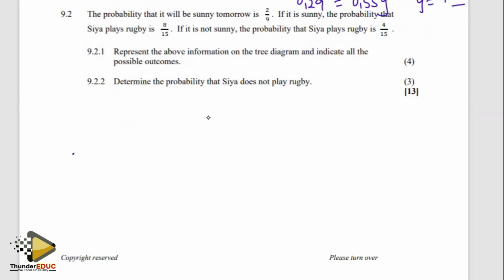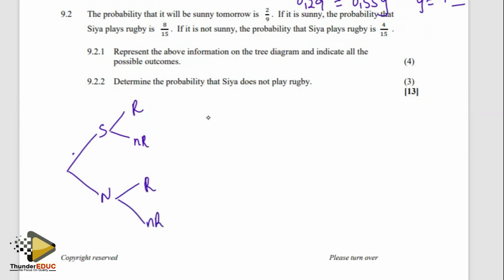The 9.2: probability that it will be sunny tomorrow is 2/9. What do they need? They want a tree diagram. Okay, so this is sunny. I'll say N for not sunny. Then somebody can play rugby if it's sunny, and then we can say no rugby. If it's not sunny, someone can still play rugby or no rugby.